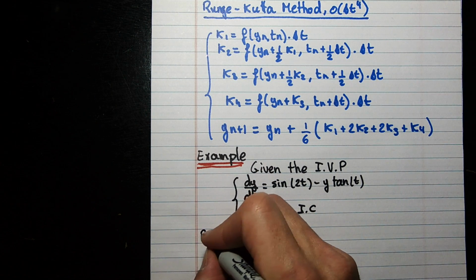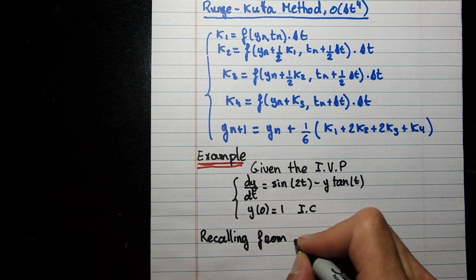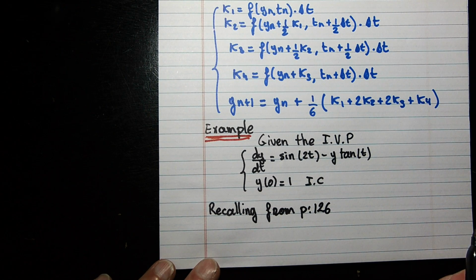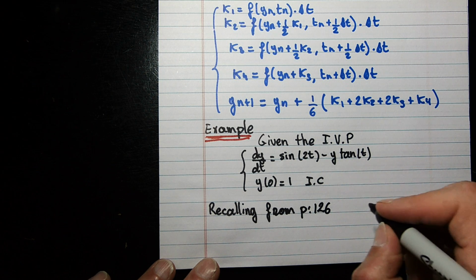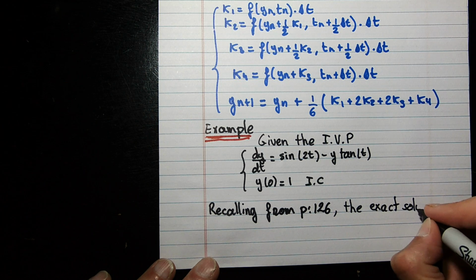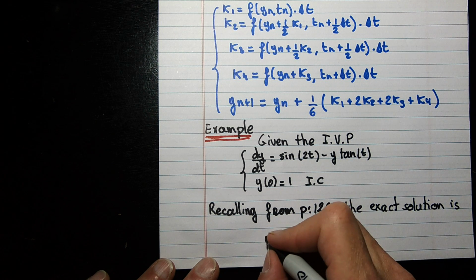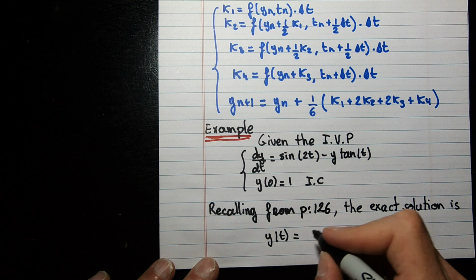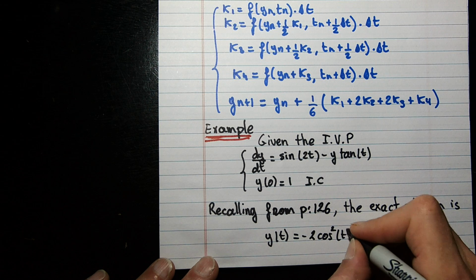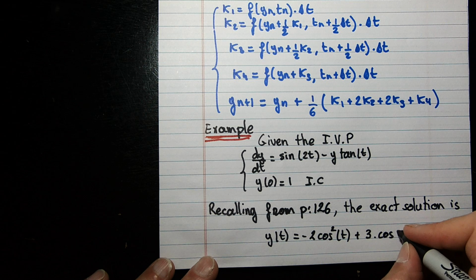So if you recall, from page 126, the exact solution is y of t equal to minus 2 cosine square of t plus 3 cosine of t.